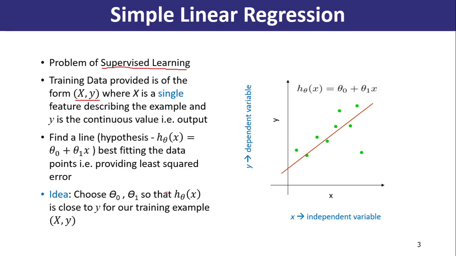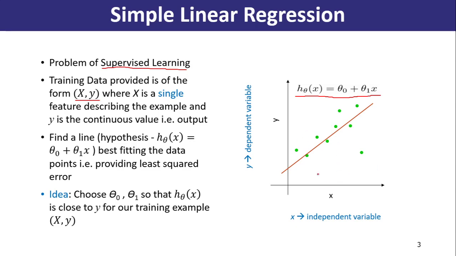And what we are supposed to find is a line or a hypothesis of the form h theta x equal to theta 0 plus theta 1 x, which best fits the data points, providing the least square error.